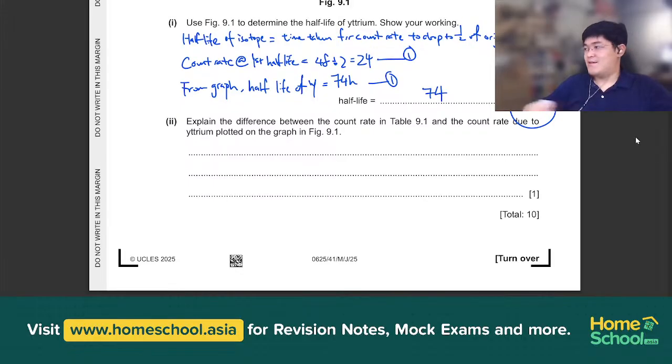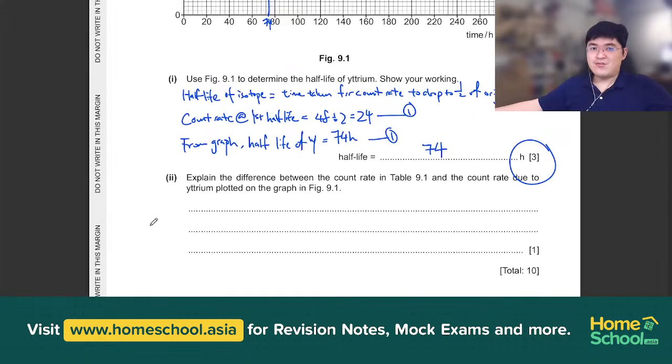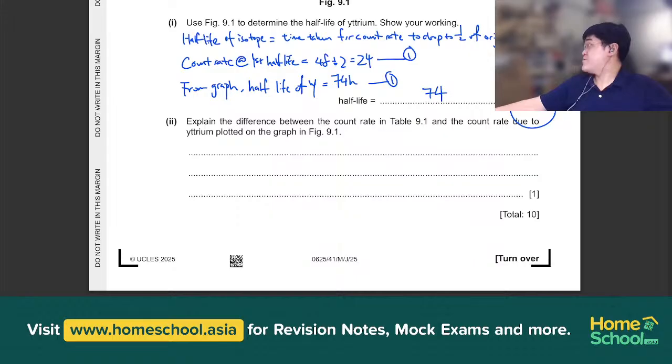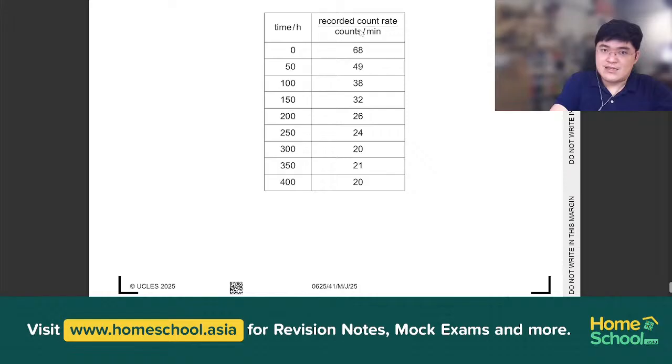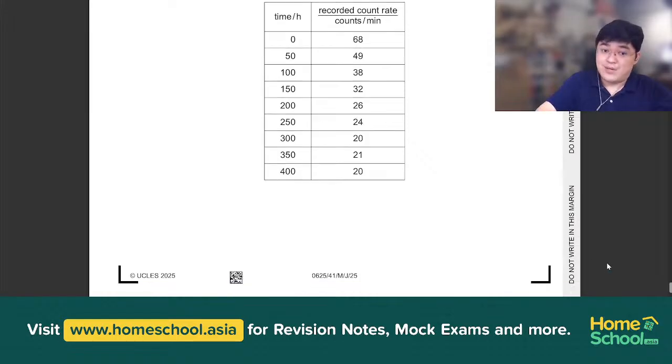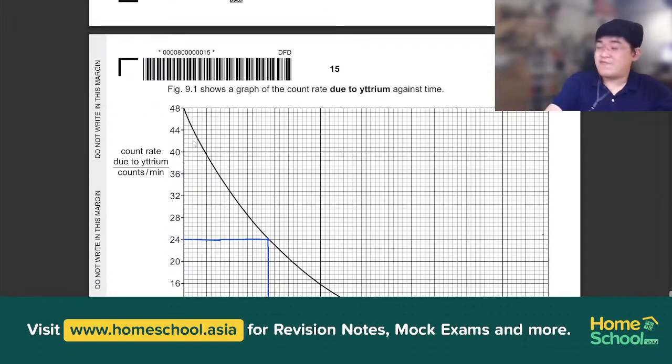So the last part, C part 2, they want you to explain the difference between the count rate in table 9.1 and the count rate due to yttrium being plotted on the graph. As you can see, we have a time and a count rate of 68 over here, but on our graph, we start with 48. What's happening over here?